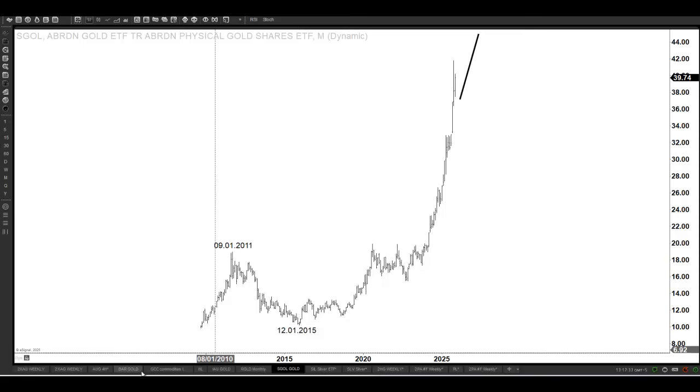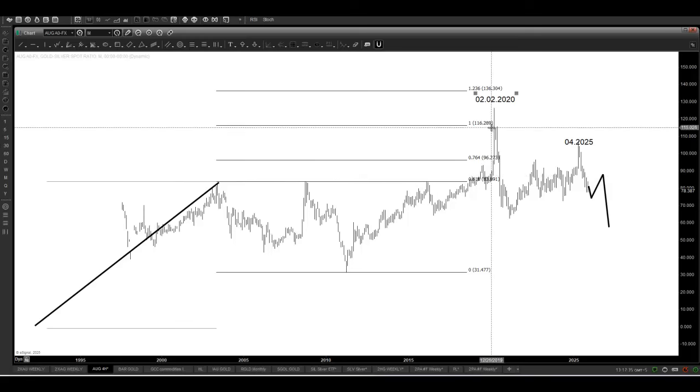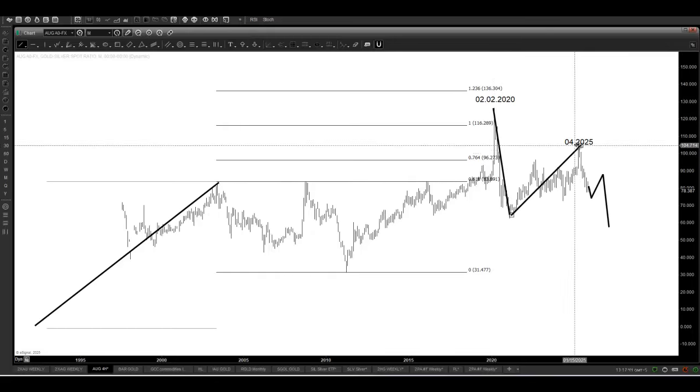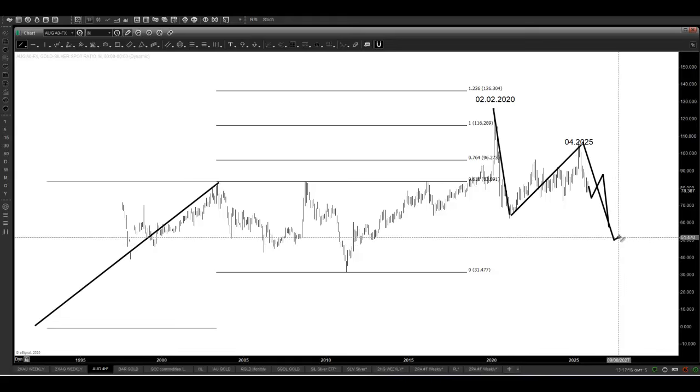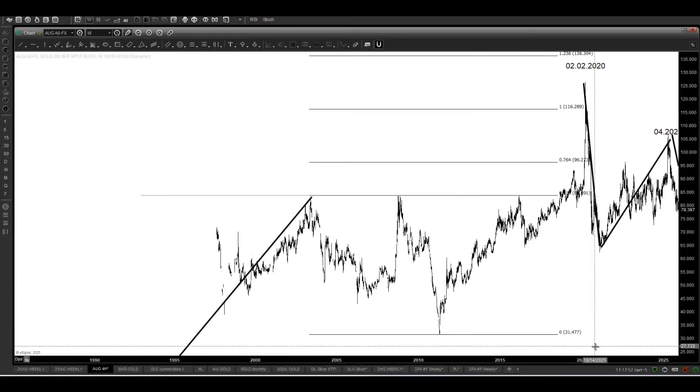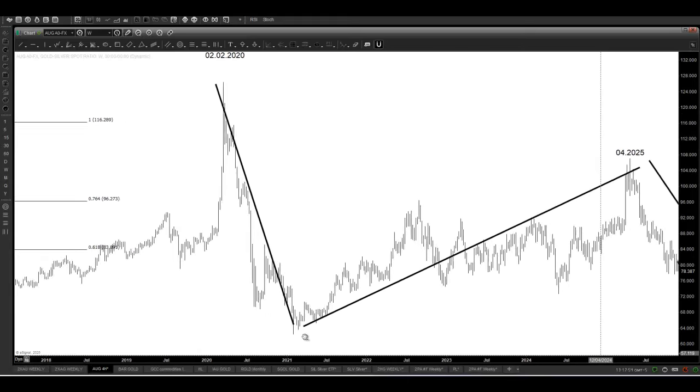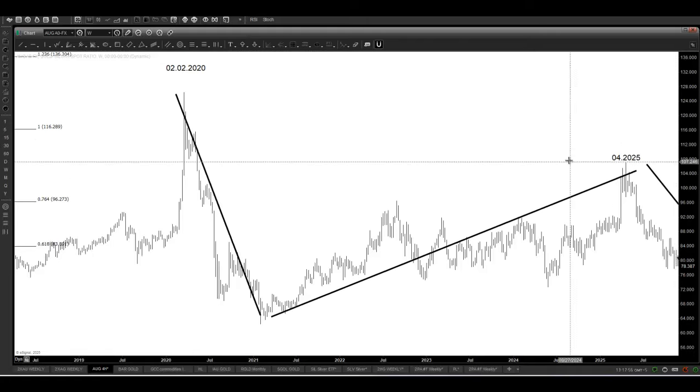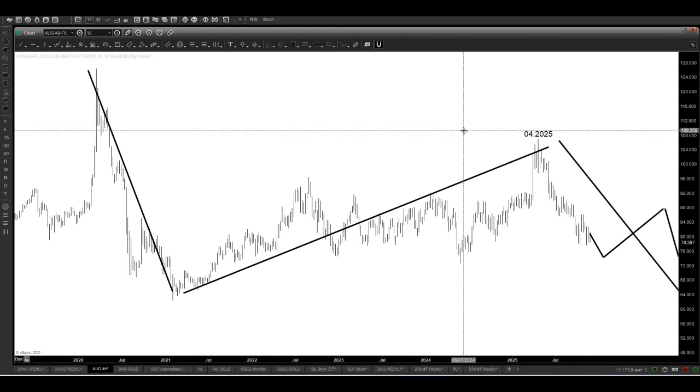But the ratio now from this peak, in my view, needs to do a 100% extension put back here before higher. Why? Because if you look at the weekly chart here, the ratio is trading very technical.